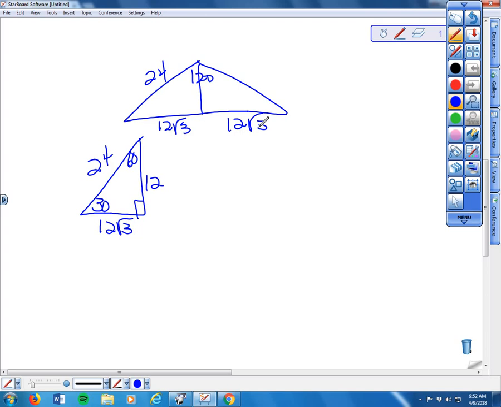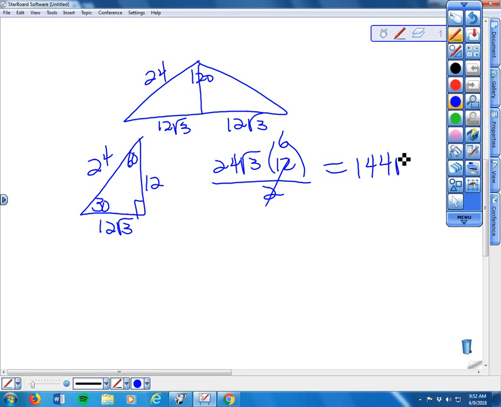So when I add those together, I have 24 square root of 3 is the base. The height is 12. And I divide that by 2. Well, 12 over 2 is 6. 6 times 24 is 144, I believe. Yeah. So that's equal to 144 square root of 3, not pi.